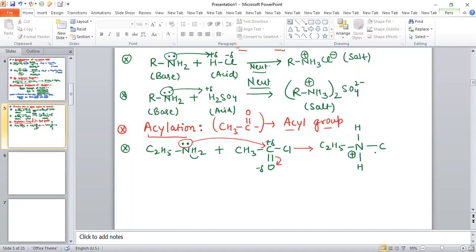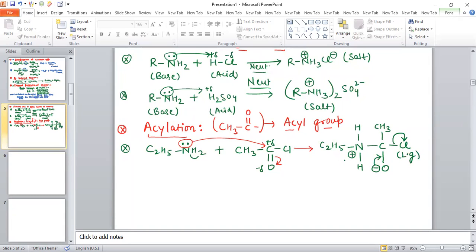After the attack on the carbon, the pi bond breaks, so now this oxygen has a negative charge, and on this carbon one group is CH3 and there is also a Cl group. Now this negative charge will shift between carbon and oxygen, and at the same time the leaving group will be removed.